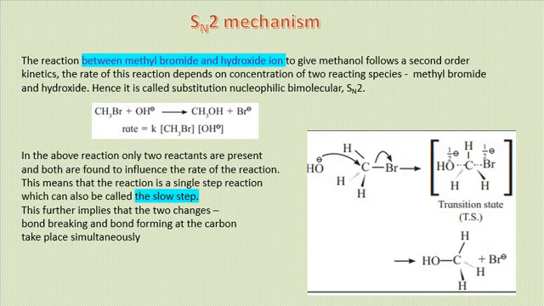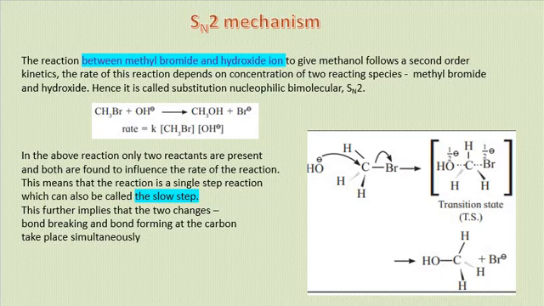This means this is a one step reaction, and in this one step reaction the rate of reaction is determined by both the reactants: the methyl bromide concentration and the hydroxide ion, which is acting as the nucleophile, its concentration will affect the rate of reaction.